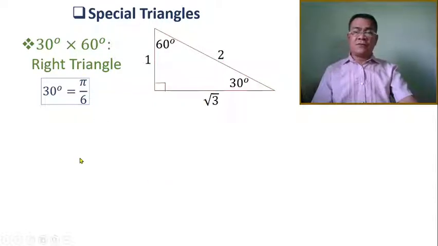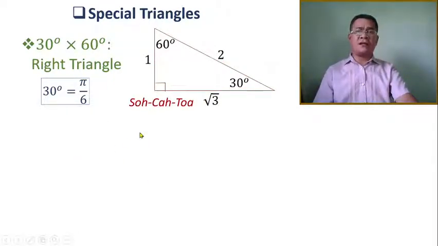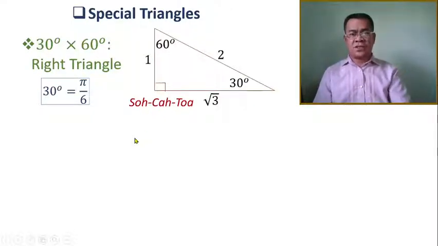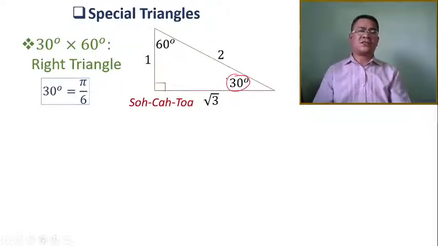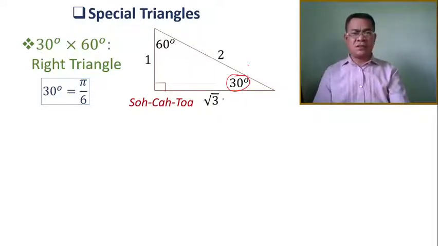Okay, so therefore, calculating the primary trigonometric functions, applying the SOHCAHTOA principle. So again, the sine is equal to opposite over the hypotenuse. Since we are concerned with this angle, and this is 30 degrees, what are the 6 trigonometric functions of 30 degrees? Then this should be our adjacent side, while 1 is our opposite.